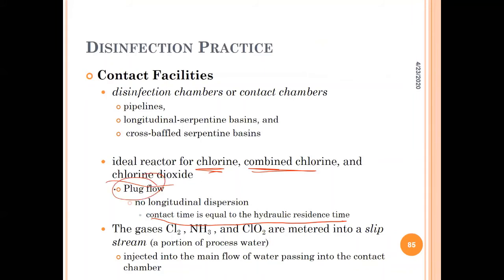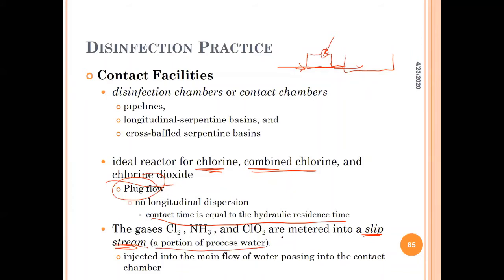If we are using some reactor, for example like this, what we do sometimes, if we are using gas, we take a portion of water that was going in here, put the gas in here, and then reintroduce it back. We call this stream a slip stream. A slip stream is a portion of processed water.